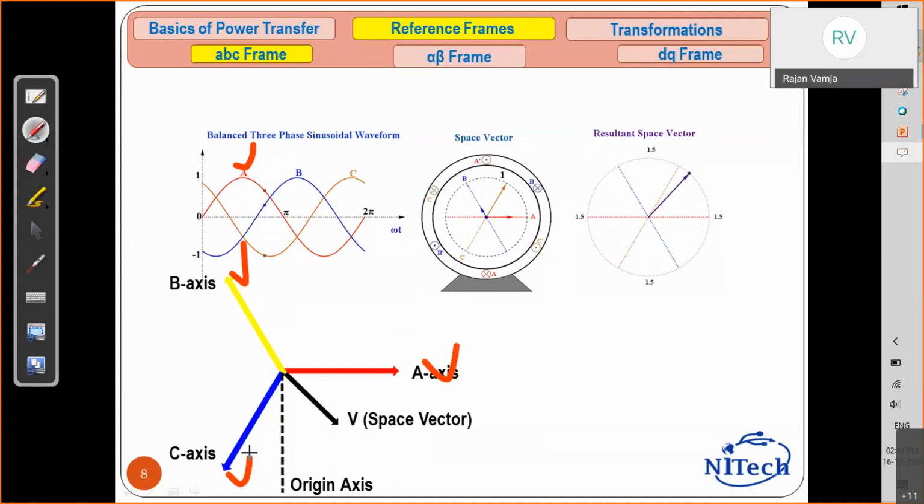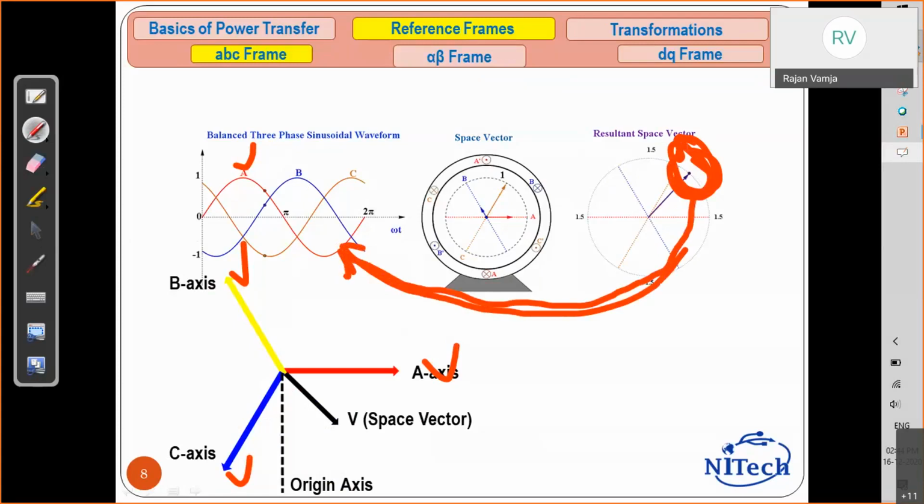The vector sum of these three becomes a rotating vector. This is called the space vector corresponding to these three AC quantities.